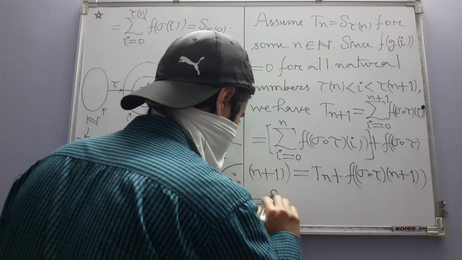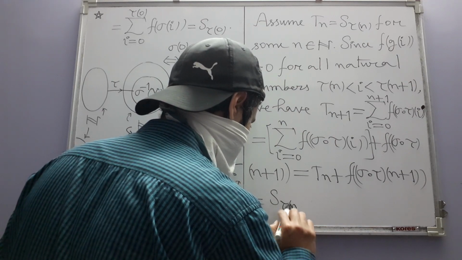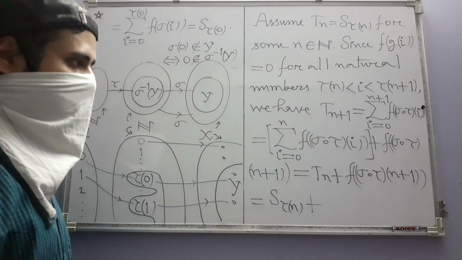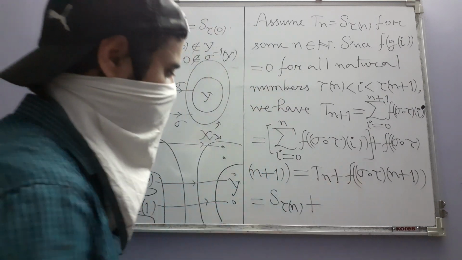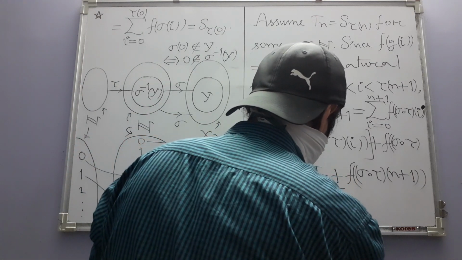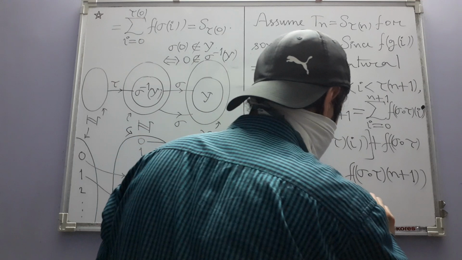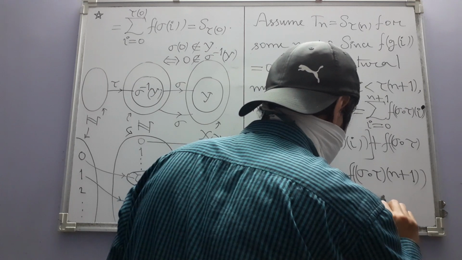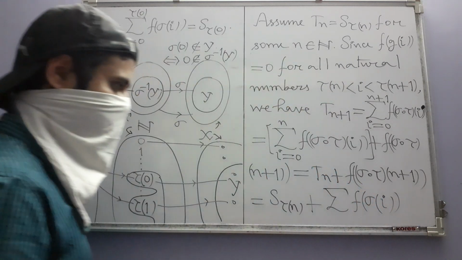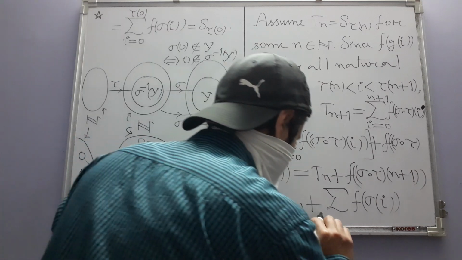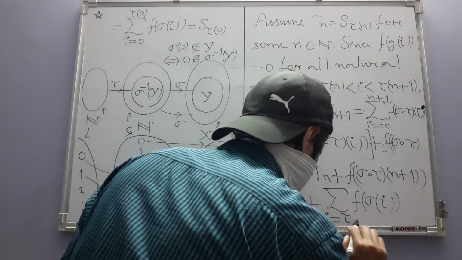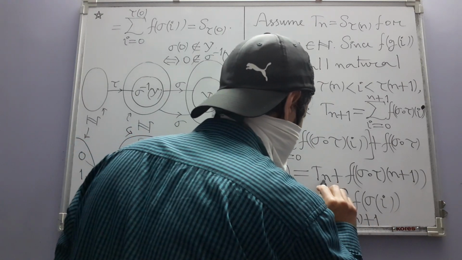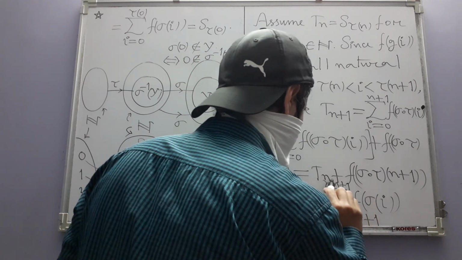Now Tn is what? Tn is S tau n by our induction hypothesis, and in place of this single thing we can write summation f of sigma of I, where I is varying from tau of n plus 1 to tau of n plus 1.